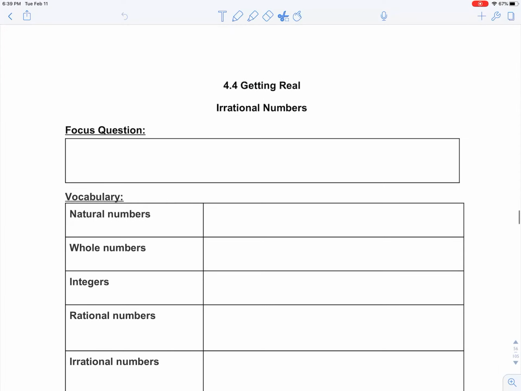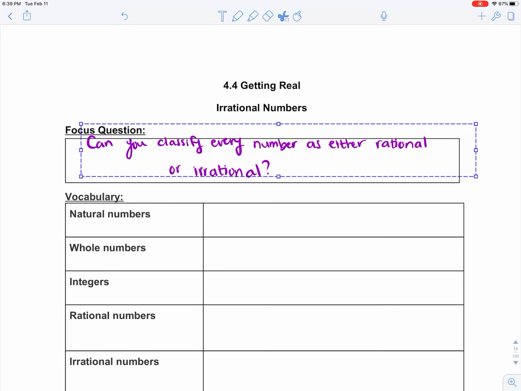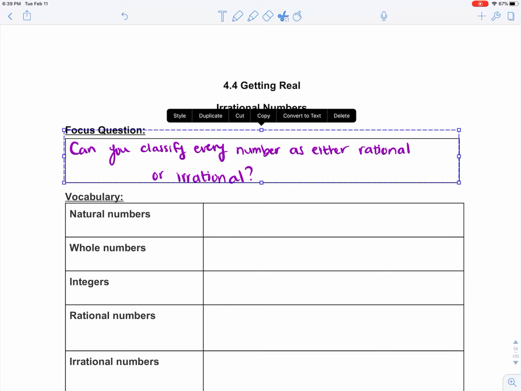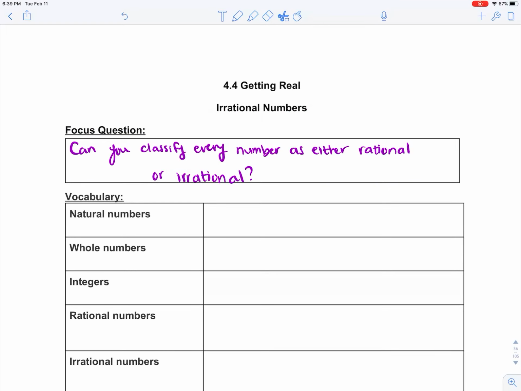We're going to talk about these things that we call irrational numbers, and we've actually encountered them quite a few times already. Our focus question for this lesson is, can you classify every number as either rational or irrational?